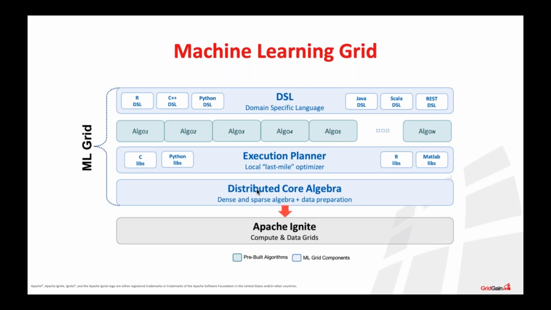Right on top of this, the community is already building well-known machine learning algorithms. In the next Apache Ignite release, we plan to roll out algorithms for regressions, k-means clustering, decision trees, and so on and so forth.